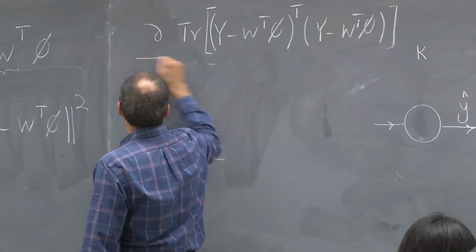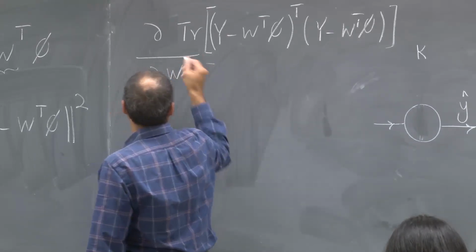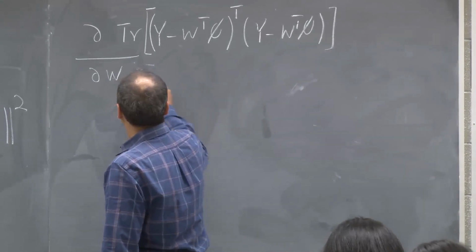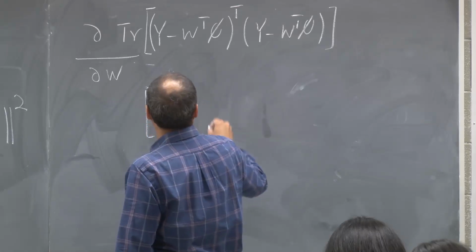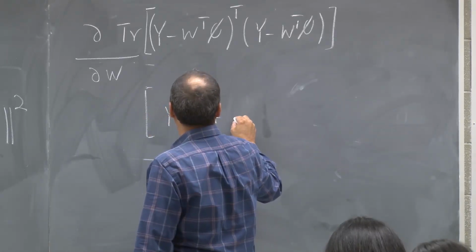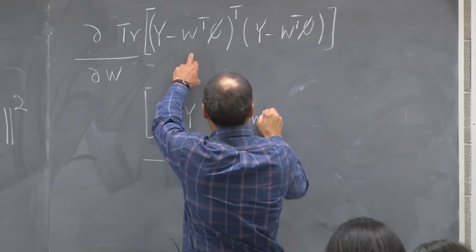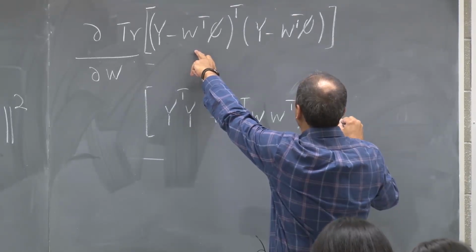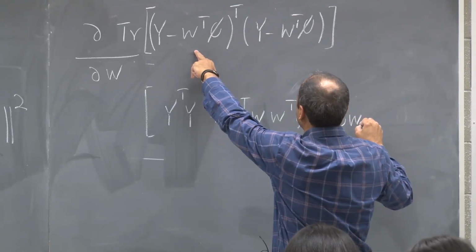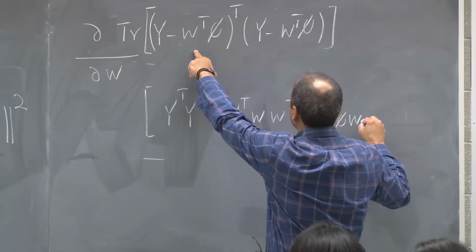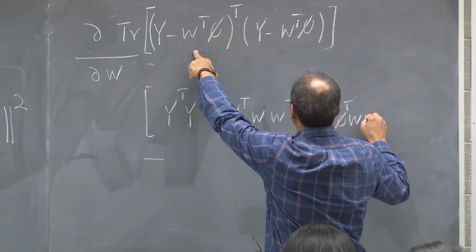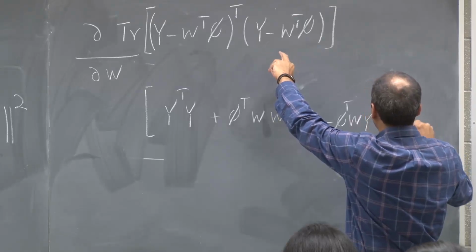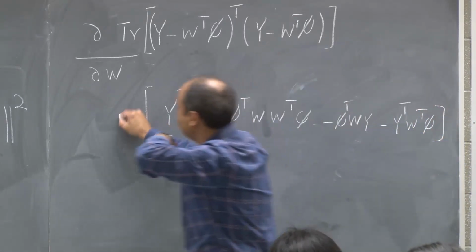If you take the derivative of this with respect to W, you have a quadratic form for the first term, and for the other terms you have phi transpose W y and y transpose W transpose phi. And you have the trace of this.